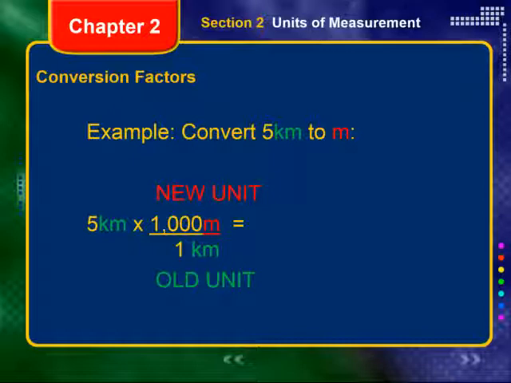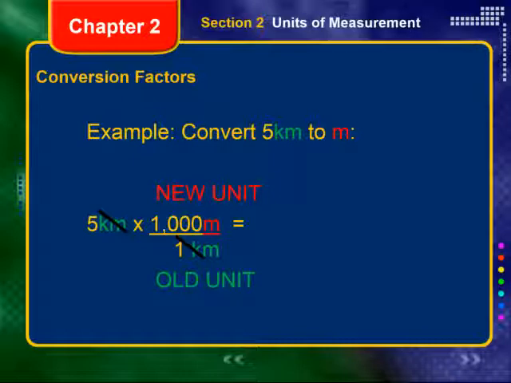Now, the reason I want to have the old unit on the denominator is so that those units can cancel out. Because when you divide something by itself, it equals 1. And if you're multiplying anything by 1, it doesn't change the value of that measurement, and so there's no need to include the 1. You can not include it. So you basically have the ability to have the kilometers here completely disappear.